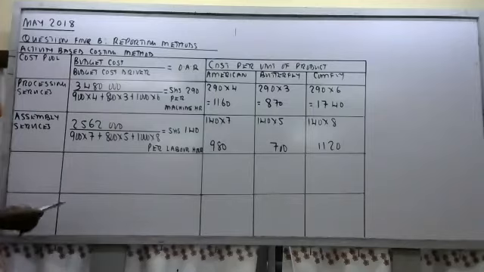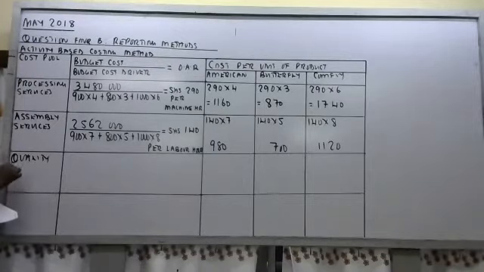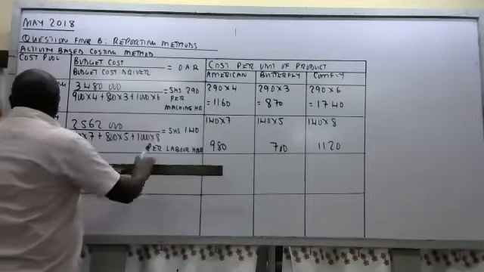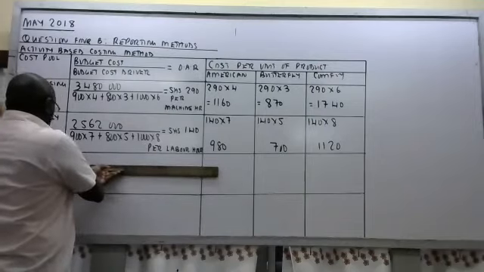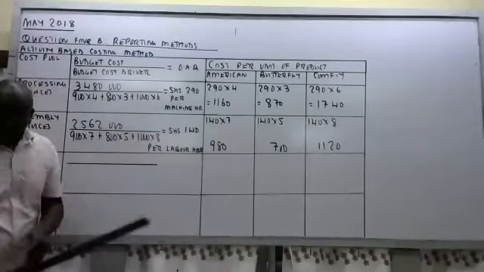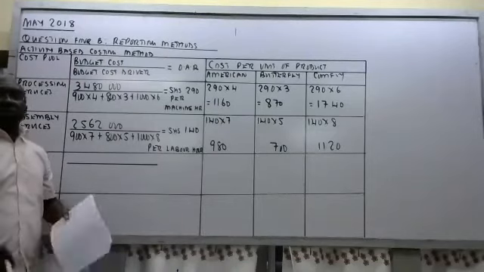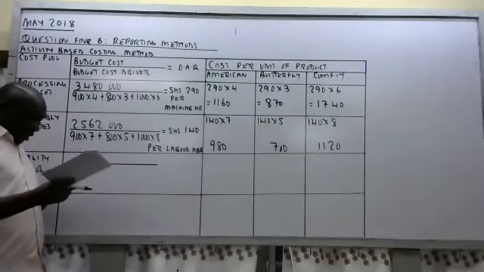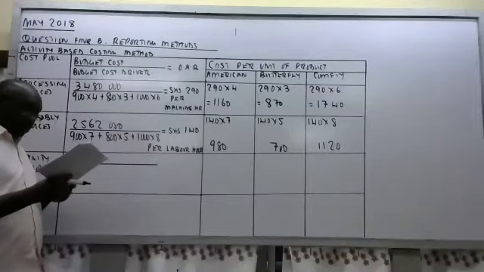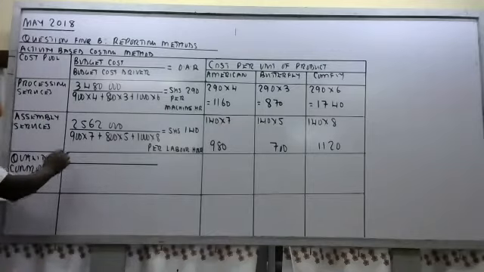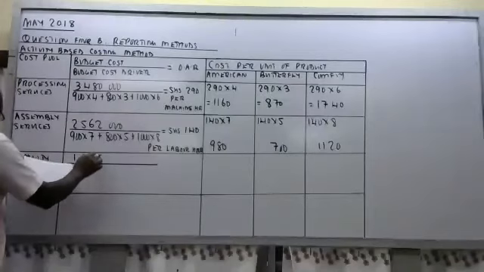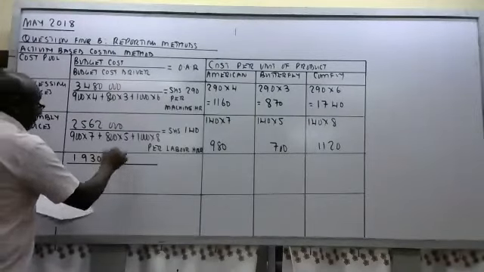The next one is quality control. For quality control, I'm going to use the batches, and the cost is 1,930,500.